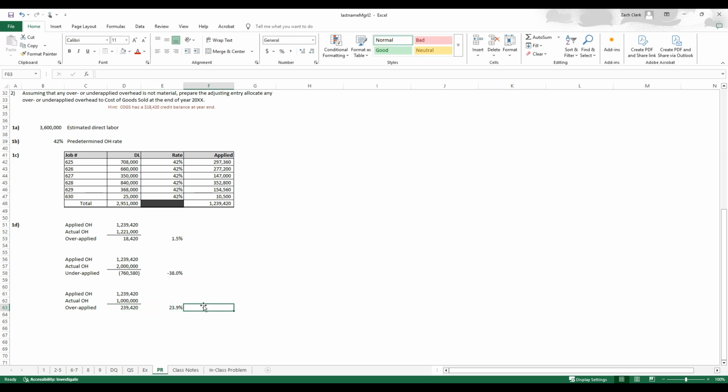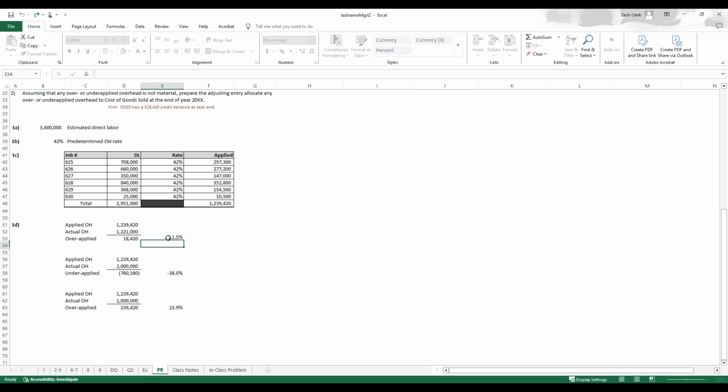Essentially, you need some more information beyond this, but if you're in this position where you're significantly over applying overhead, maybe there's something wrong with your application rate, because you want to be accurate, but this would give you wiggle room to say, okay, we need to fix our process here, but we also have some room to do that because we've been able to pass along those costs and still sell products and all that kind of stuff. But you need some additional information to make those assessments.